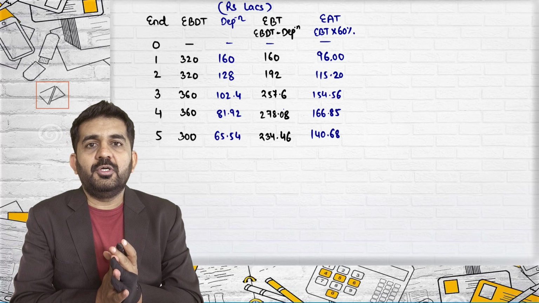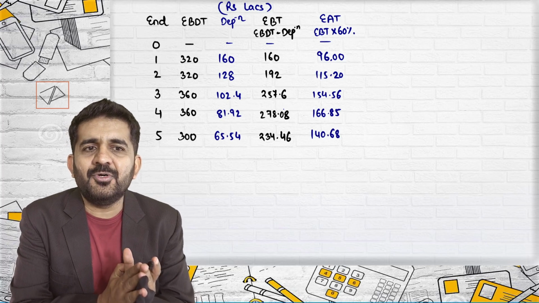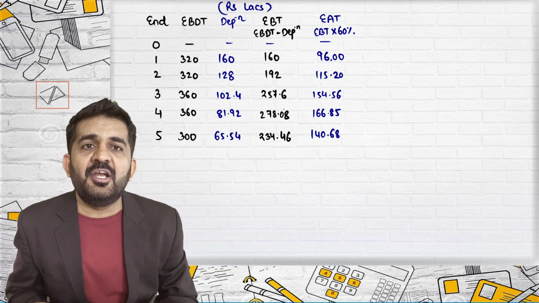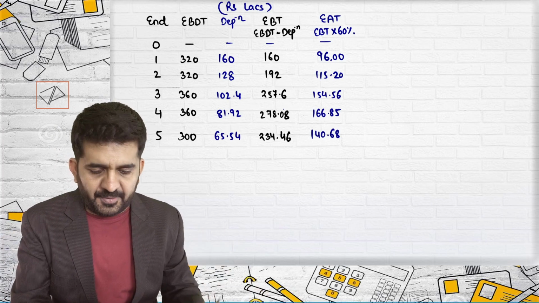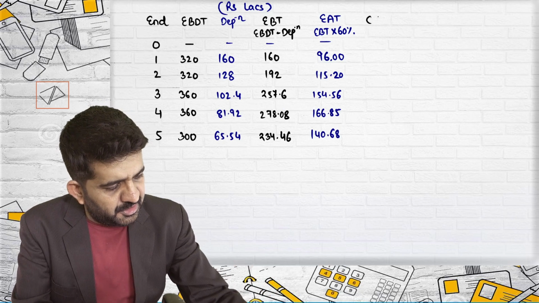How to find cash flow from EAT? I have deducted depreciation, now I will add back depreciation, so I will get cash flow from operating activity. This is the cash flows.